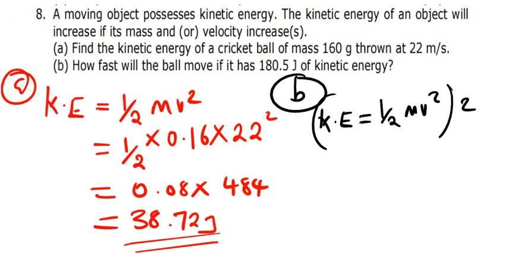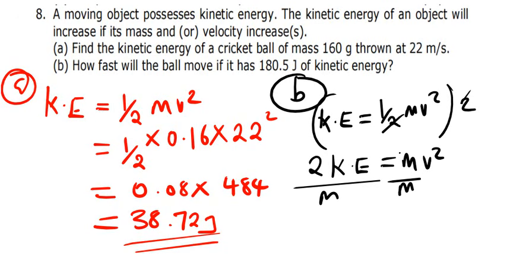On this side I'm going to have 2ke, which will be equal to mv squared, since the 2 and the half cancel. For me to remain with v squared, I'm going to divide by m on both sides. Therefore v squared will be equal to 2ke divided by m.